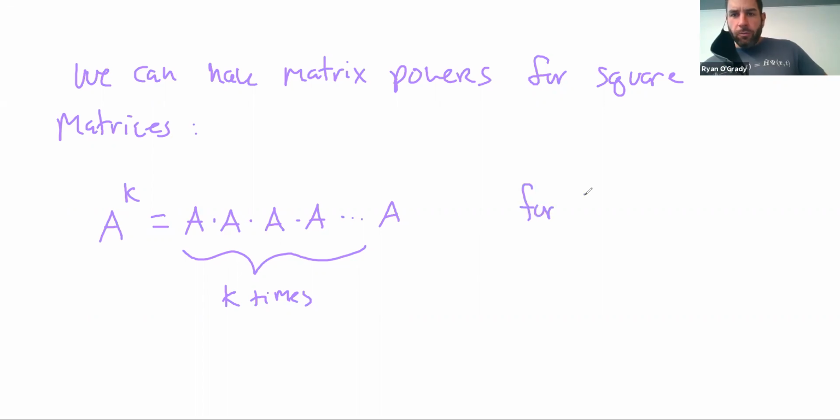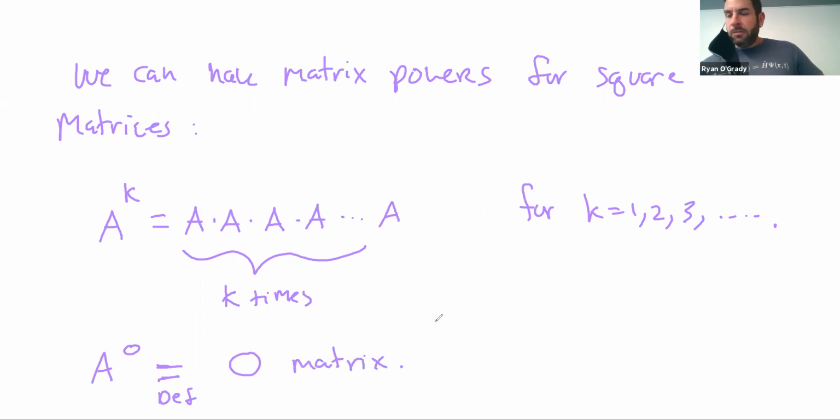This is true for k equals 1, 2, 3, etc. And A to the 0, by definition, is the identity matrix. It's very analogous to powers for numbers.